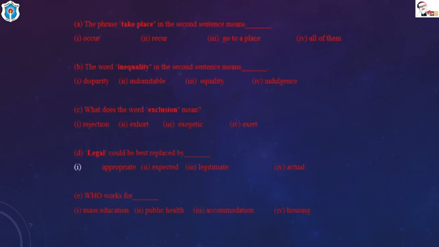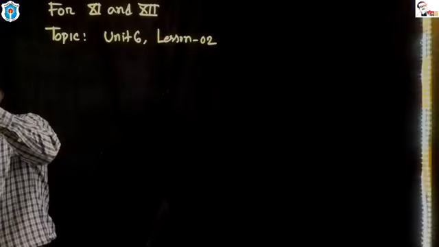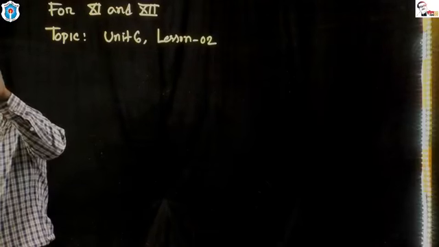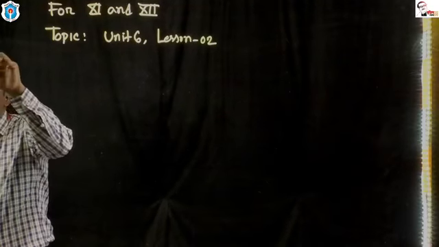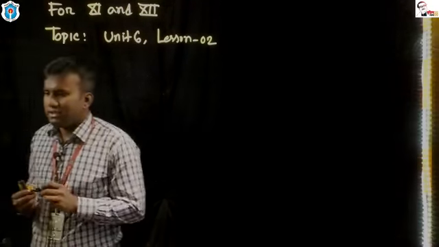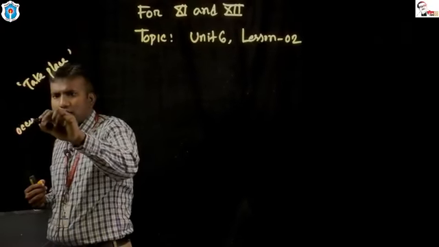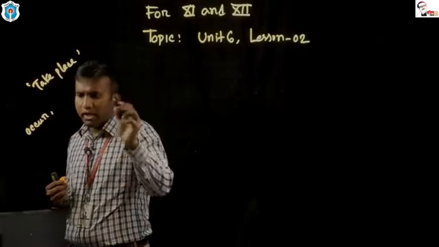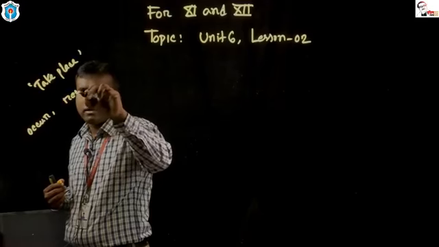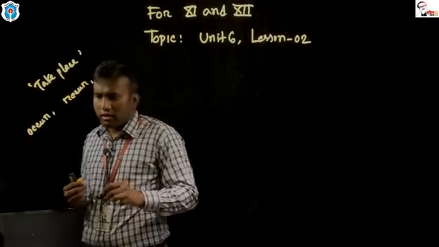The first MCQ is that the phrase take place. You have four options. Option A, occur. Option B, recur.